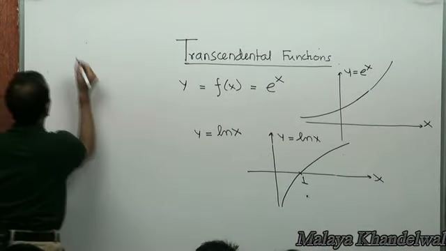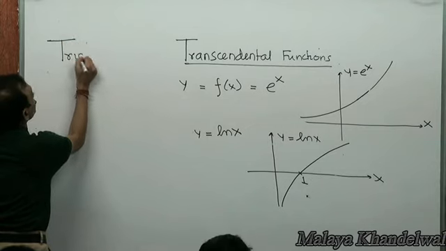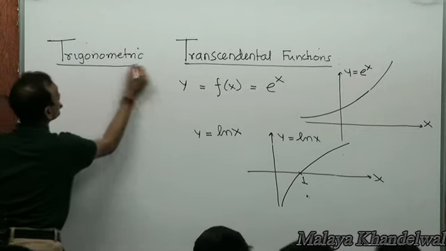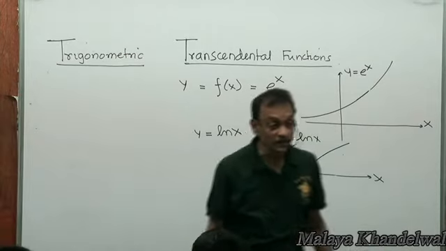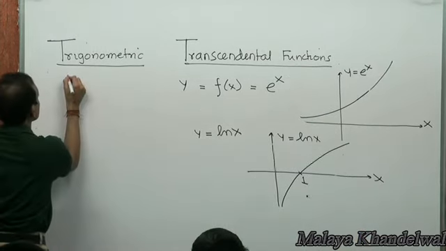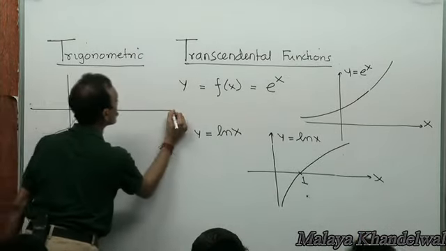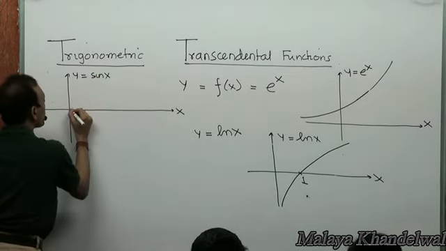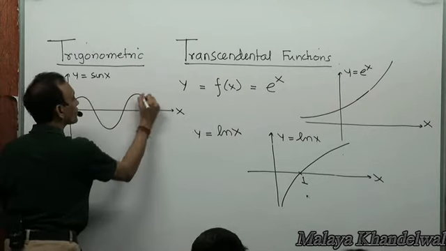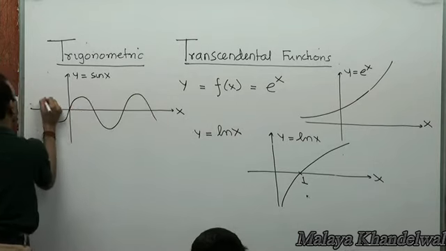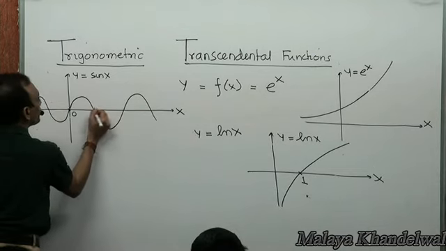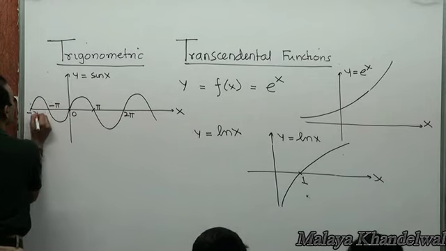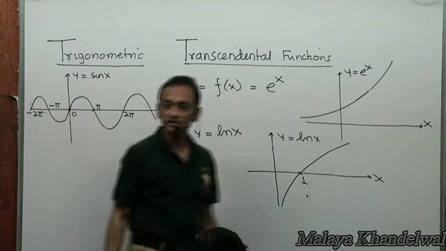And then we have some of these trigonometric functions. Say y equal to sine x. Zero, pi, 2 pi, minus pi, minus 2 pi. This is the graph of y equal to sine x, right?